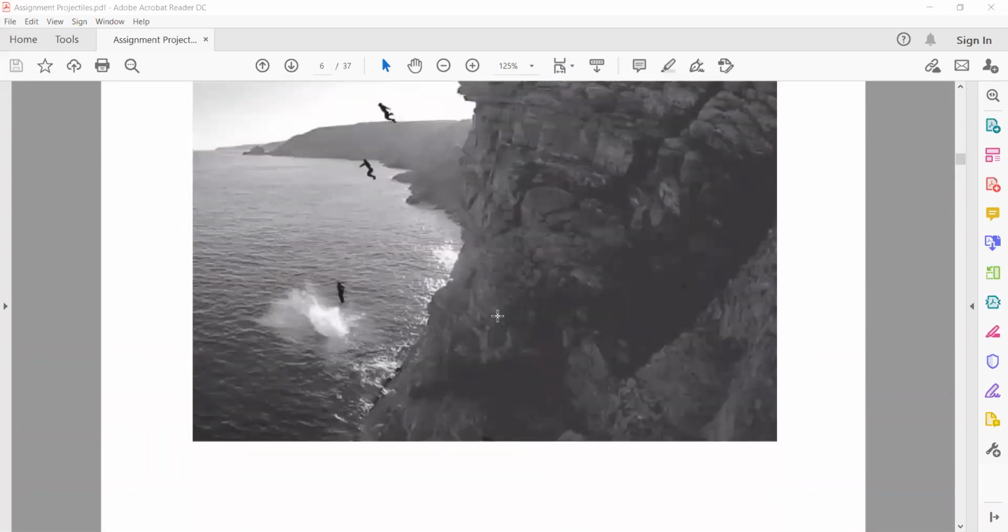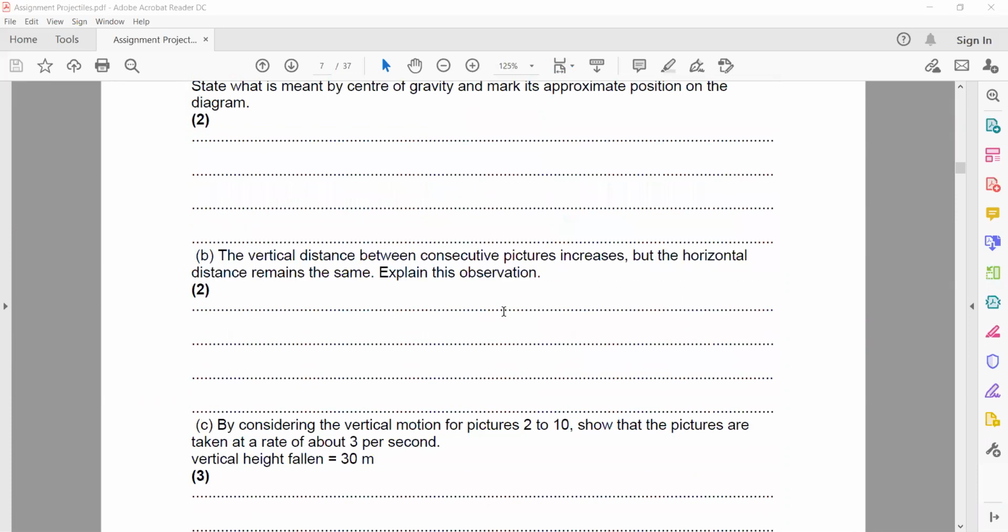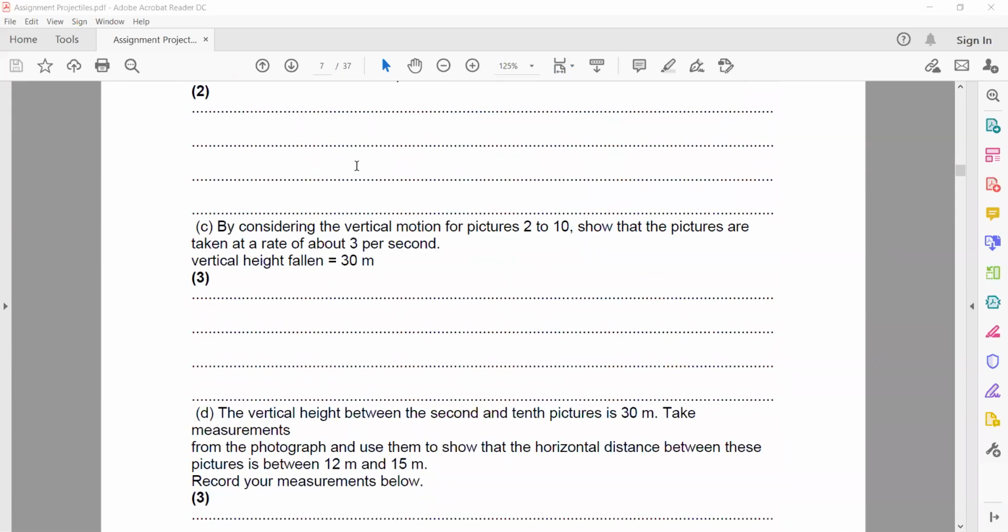So how do we get the time? When an object is dropped from a certain height, what is the vertical component? Initially the vertical component is 0, and the acceleration is due to gravity. And the height from which it falls, 30 meters, is given. So we can use this to find the time.